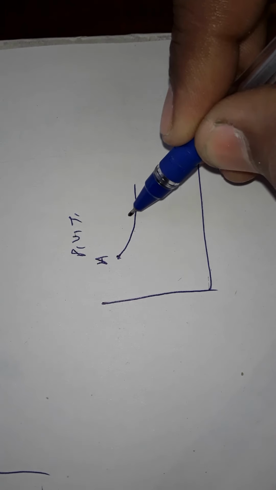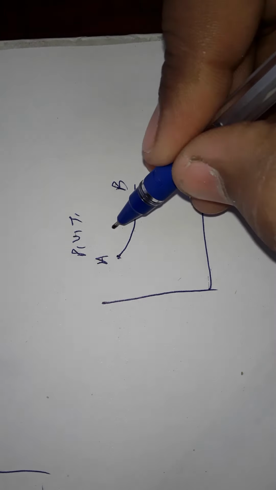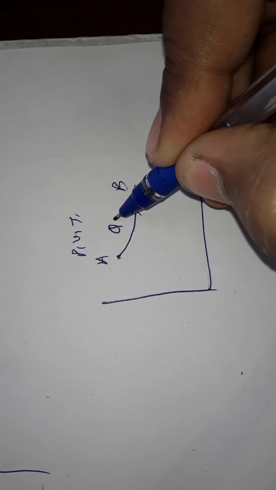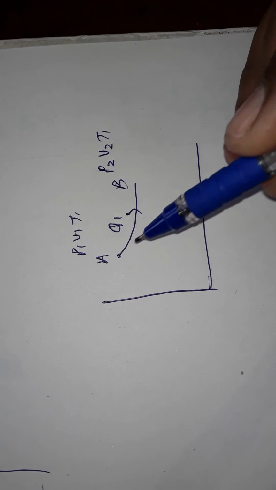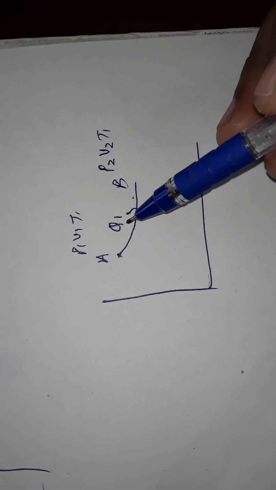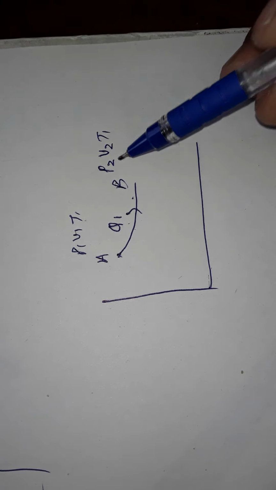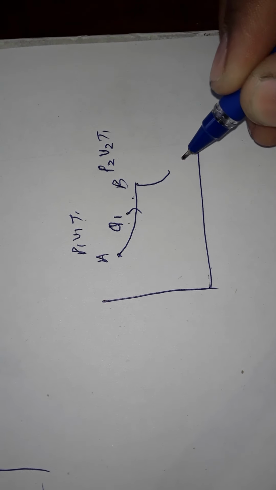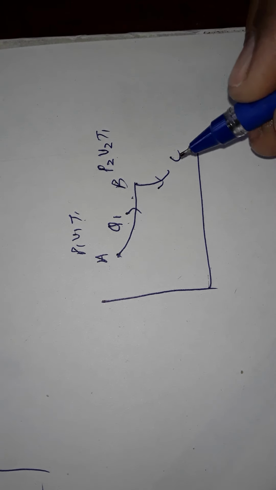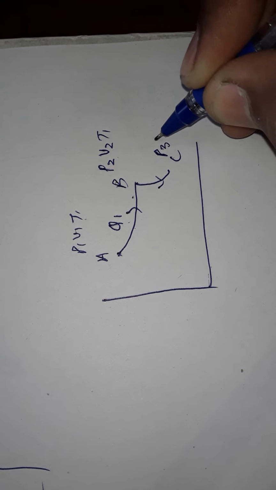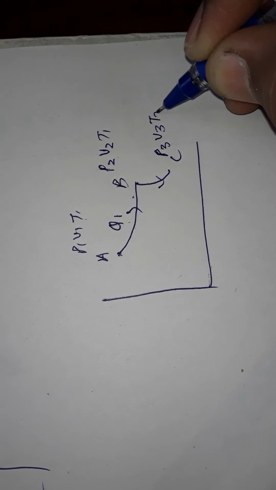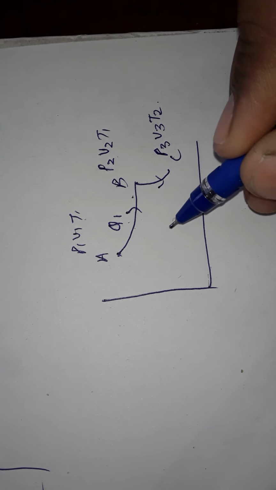Now, when changing to B, the amount of heat gained is Q1. So we write P2, V2 and T1, because from point A to B this is isothermal expansion, so the temperature remains constant. From B to C, this is adiabatic expansion. So at point C, P3, V3 and the temperature is T2.